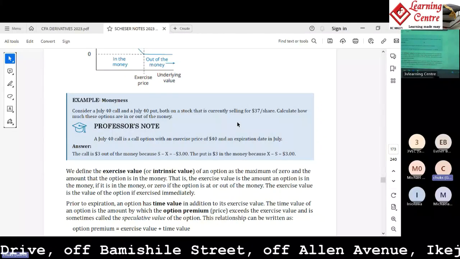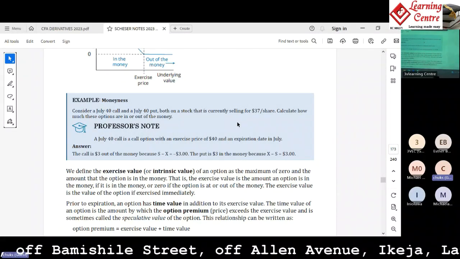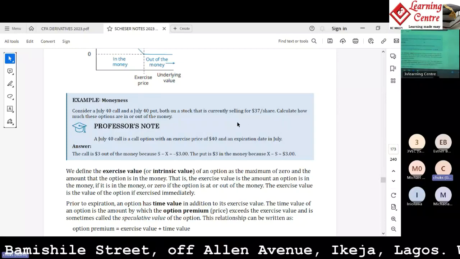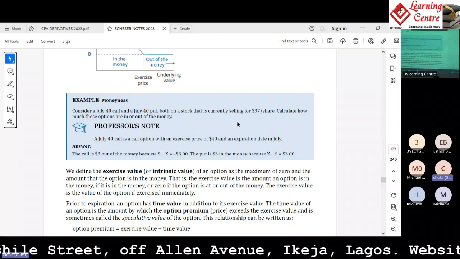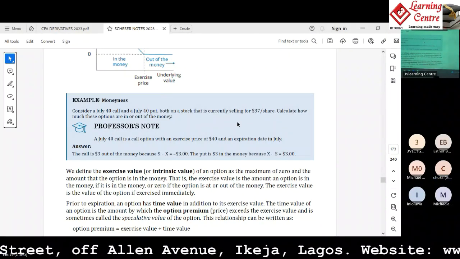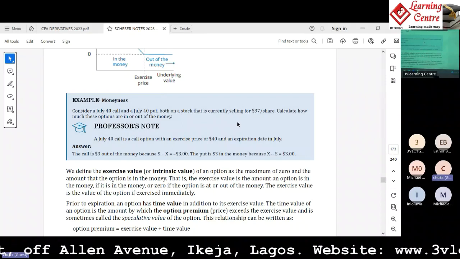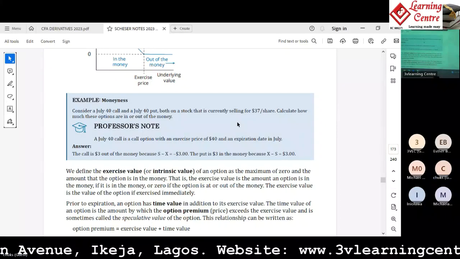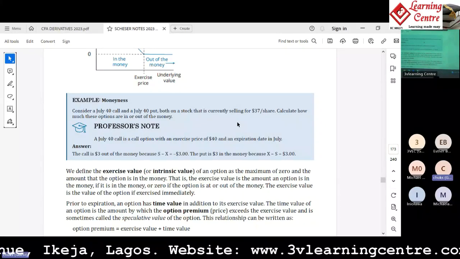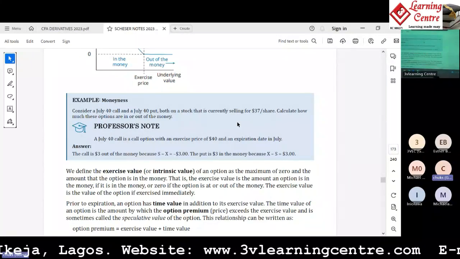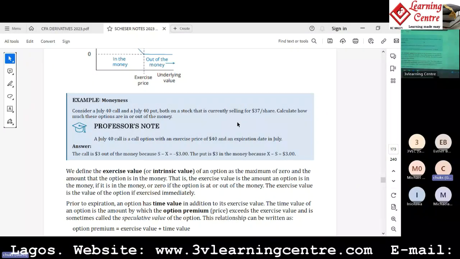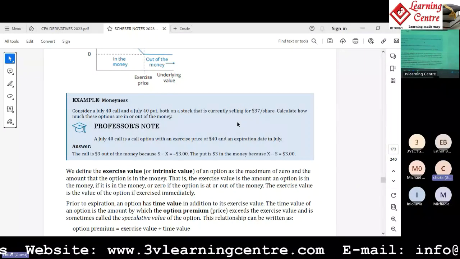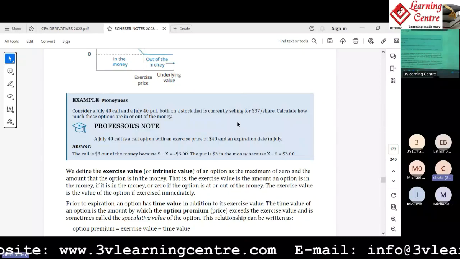On the put side, we have said that the exercise price is 40 and the market is selling at 37. So it means that you would exercise it, meaning that you have seen that 40 is better than 37, so I will exercise it. Let's take an example again.